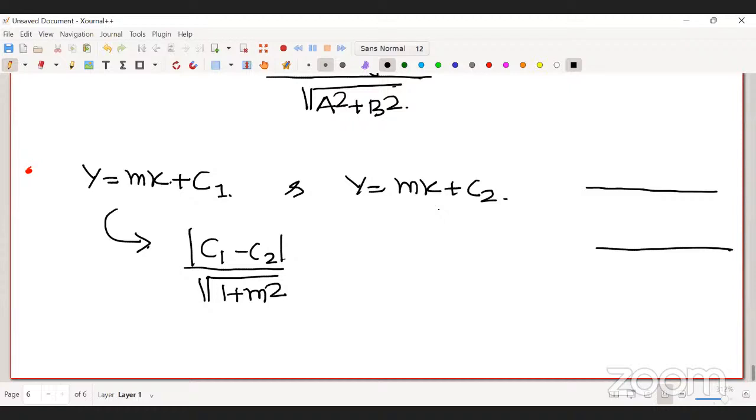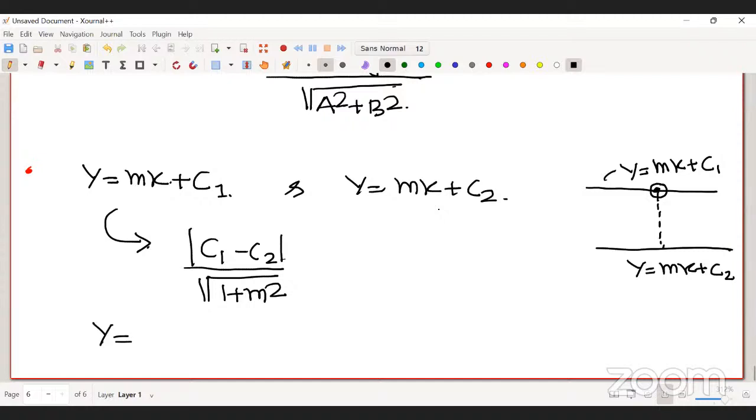Another way, if you don't remember this formula: take any arbitrary point from the line y equal to mx plus c1, and from that point compute the perpendicular distance to the other line. From there also you can get the distance between two parallel lines.